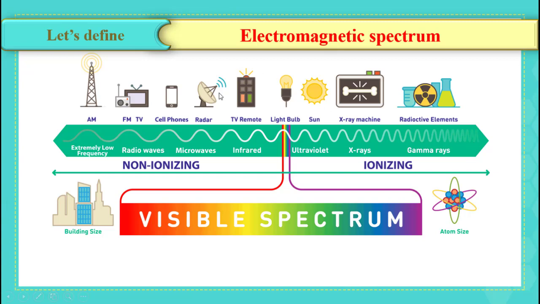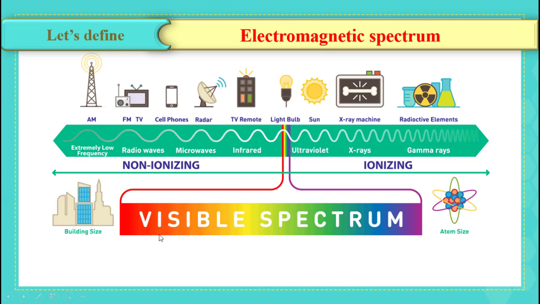You can see, in increasing order of frequencies: radio waves, microwaves, infrared radiation, the visible spectrum, ultraviolet radiations, X-rays, gamma rays, and you have above them applications of each one of such waves.